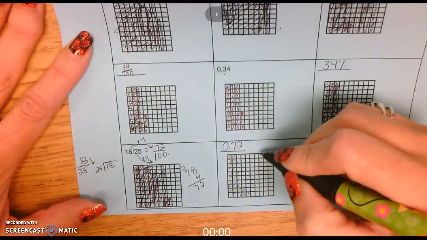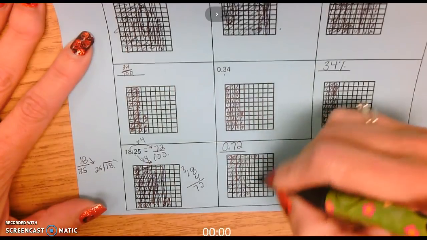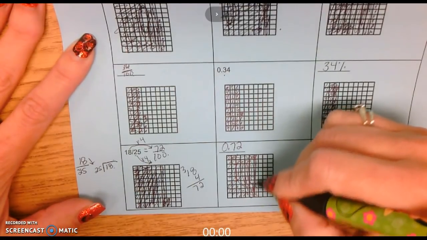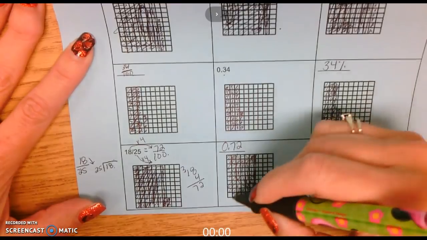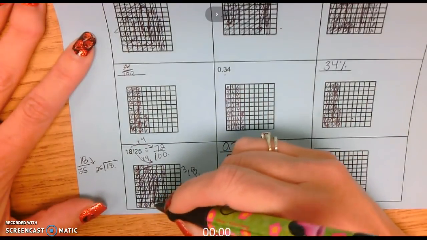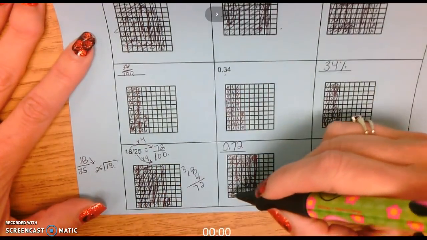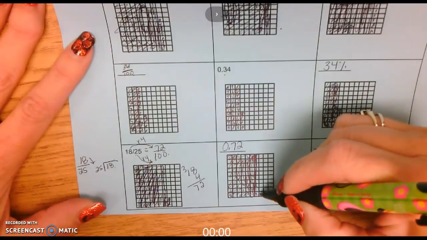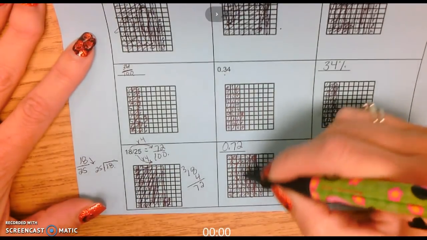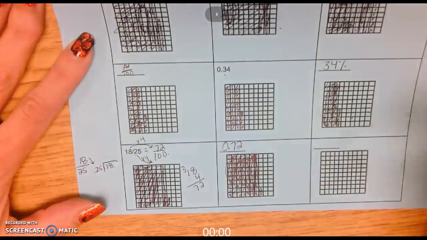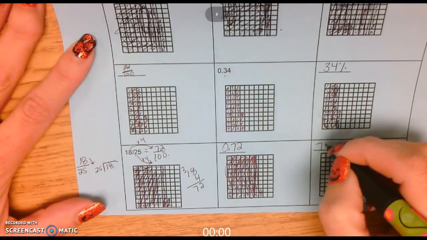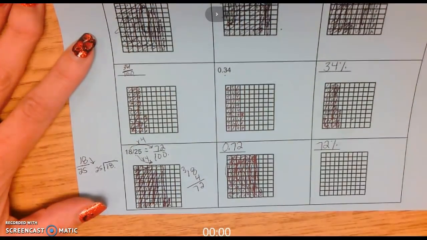That would be 70. And then 2 more. And if I have 72 hundredths, that's already out of 100, which makes my percent pretty simple to be 72%.